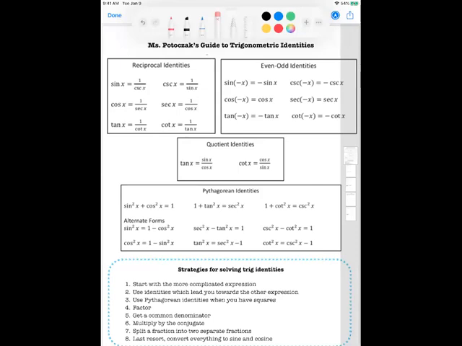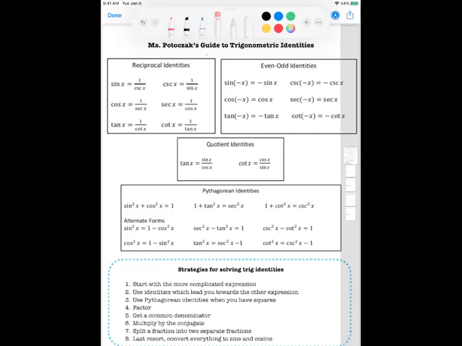Third, we're going to use Pythagorean identities when you have squares. So when you have expressions that have some trig function that is squared, you need to look at your Pythagorean identities. Now, I want to show you here, there are many variations or alternate forms to a lot of these identities.